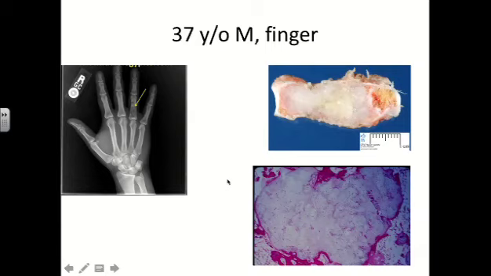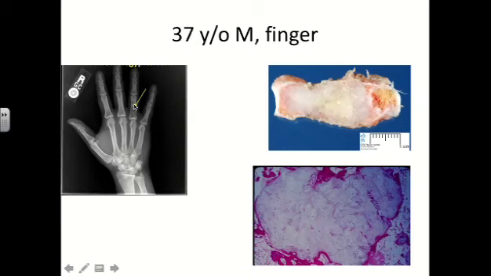So we're talking about differentiating benign from malignant tumors, right? So you know this is a cartilaginous tumor, and if you know the age and location for bone tumors, you can usually get the answer right without looking at anything else, right? We haven't looked at a lot of tumors that happen in the fingers or in the toes. Enchondroma is one of them, which already gives you a good clue.